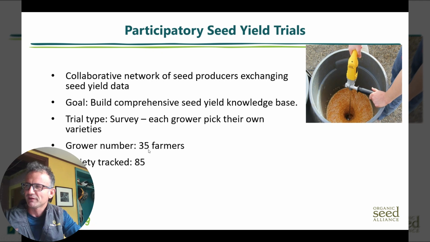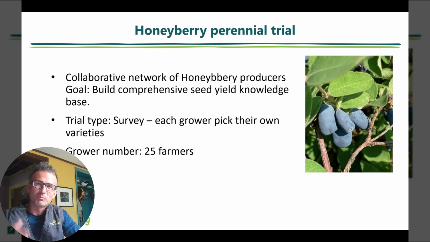For example, here we have 35 farmers who tested 85 varieties, but it's totally unbalanced over 4 years. For perennial crops, it's much harder. So for honeyberry, everybody growing honeyberry reports their varieties and how they perform on a set of criteria, each entering their own varieties.